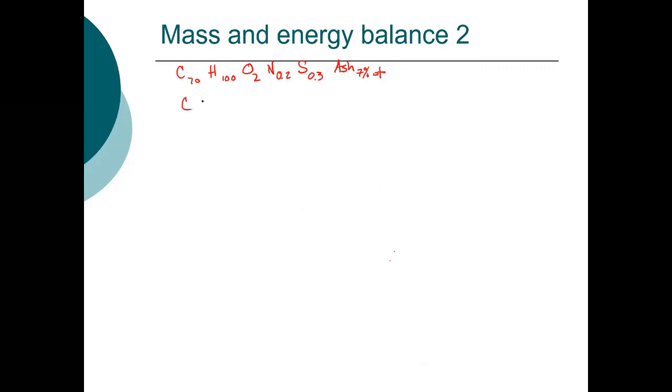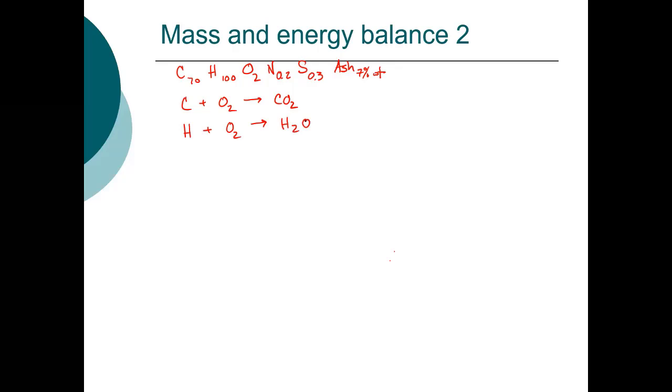So when we look at these reactions, carbon reacts with oxygen to form what? Carbon dioxide. Exactly. Hydrogen reacts with oxygen to form what? Water vapor, exactly. We have 2 oxygens, so we need 2 waters.